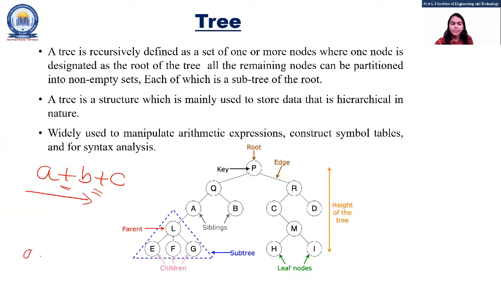First we add A and B, and whatever the answer is, we add C to that answer, right? So this is basically a tree following some kind of hierarchy. Symbol tables and syntax analysis also use trees.